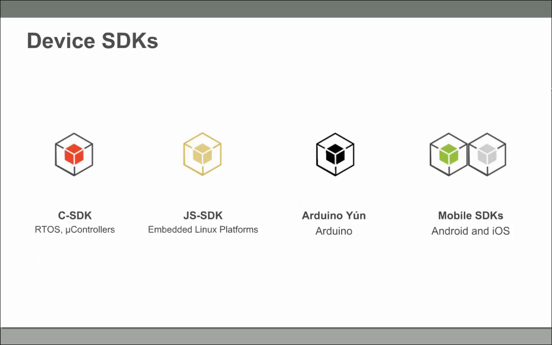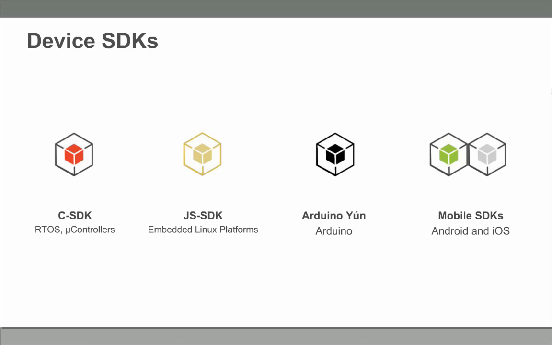We've got a number of device SDKs that make connecting to the service easier. We have a C SDK, and that's the SDK you use on a more deeply embedded device, maybe a device like a microcontroller or a device running an RTOS. We've got a Node, a JavaScript SDK. That's a great experience for using on embedded Linux devices like a Raspberry Pi.